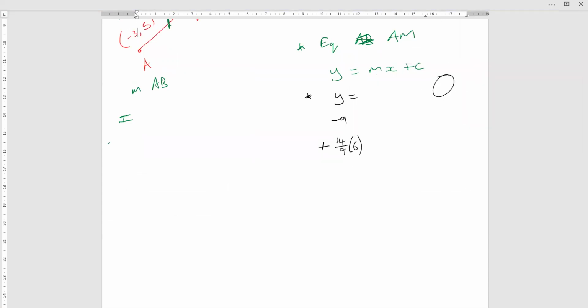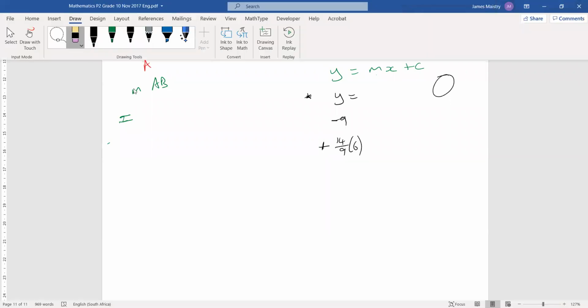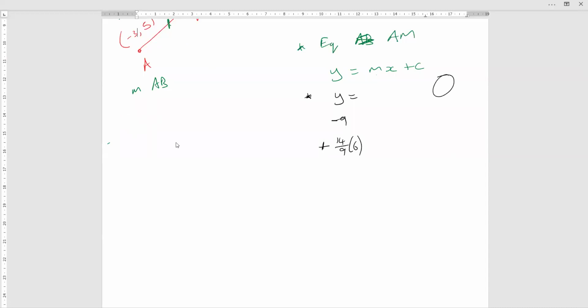Let me just get my eraser out, I think that'll be quicker. Okay, we've got enough space now to write.